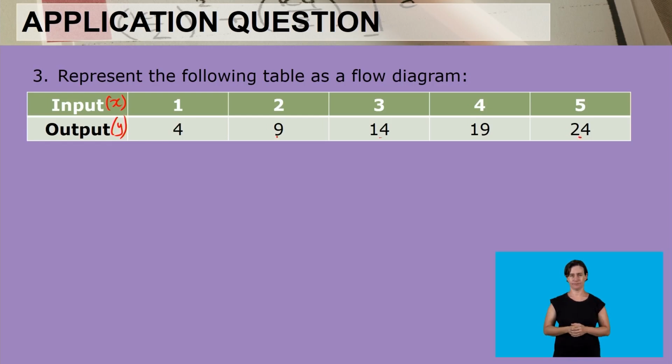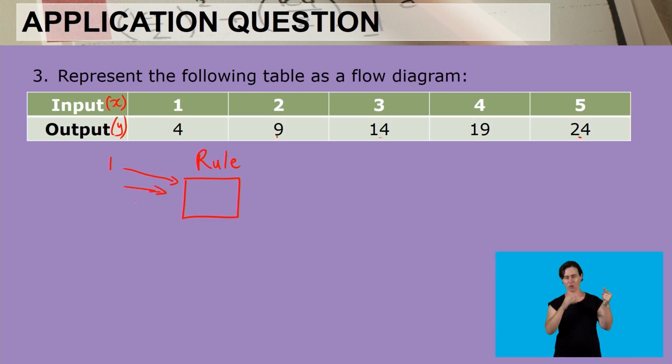So let us represent these values on a flow diagram. So a flow diagram, we know that the rule is the one that comes in the middle. So we can see that we have our input values and our output values. So when the input value is a 1, how many input values do we have? 1, 2, 3, 4, 5.